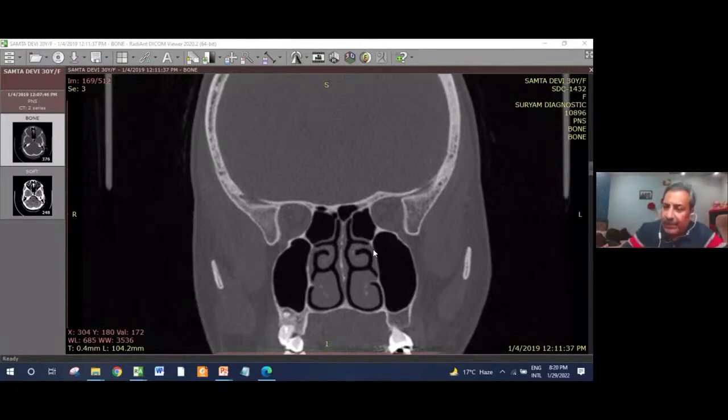And identification of that transition is crucial from a complication avoidance point of view, because the majority of the dreaded complications of sinus surgery occur while you operate inside the sphenoid sinus, because of the close proximity to the carotid artery, optic nerve, skull base, sella, so many important structures. If you go into the sphenoid sinus without orientation, one can accidentally injure those structures, and that is a disaster, I would say.